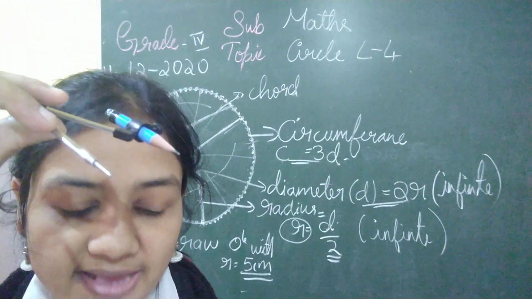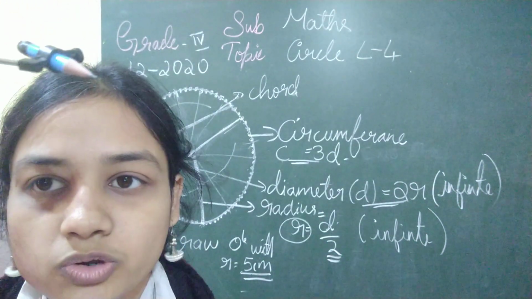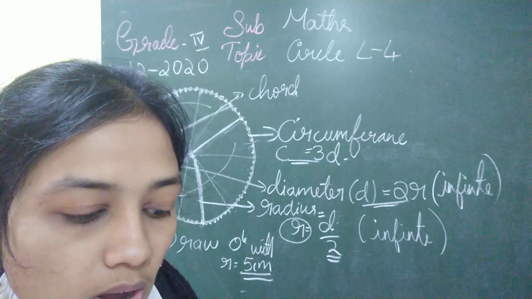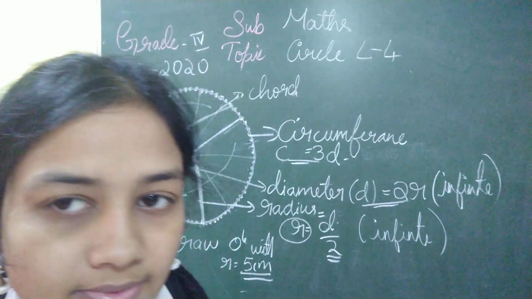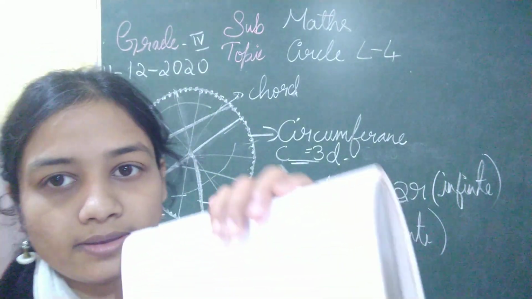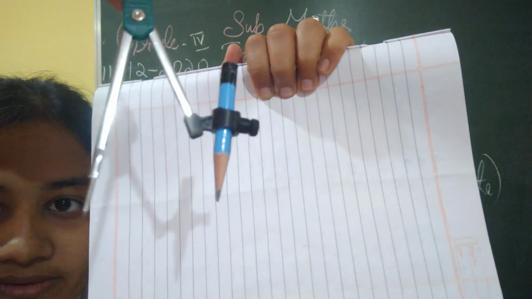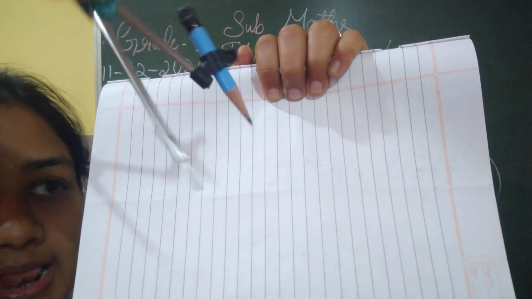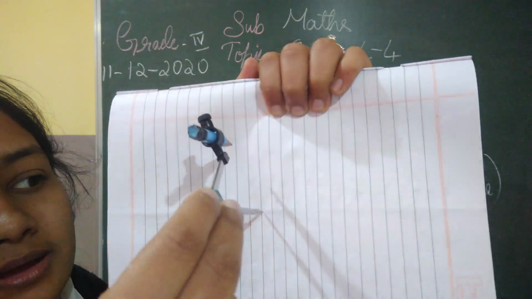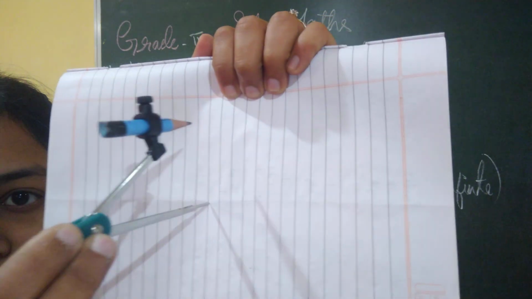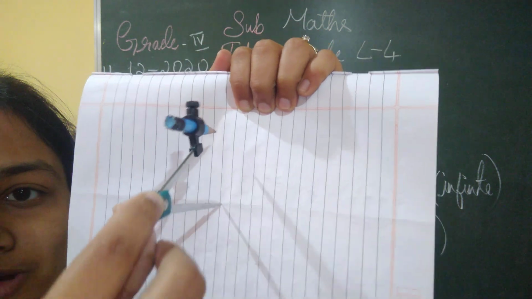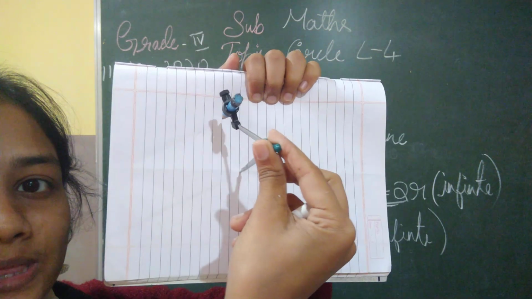After taking this 5 centimeters, now you should draw the circle on the book. How will you draw it? If this is your book and this is the 5 centimeter measurement which you have taken on your scale, now keep the needle in one place. Check how I am holding the compass here.